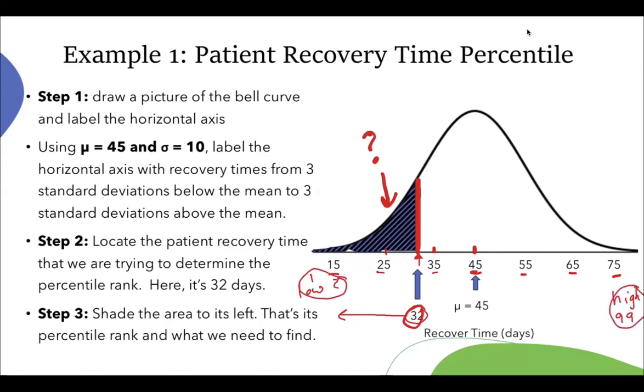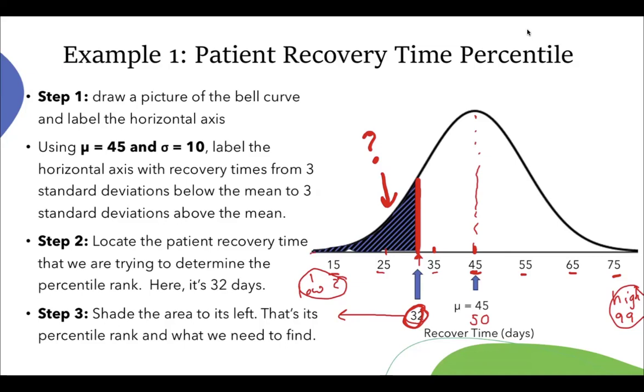And right in the center, I have a percentile rank of 50, right in the center of the bell curve. So since this 32 is on the left of center, I know that the percentile rank has to be a number less than 50. That's the only thing I can really say for certain, but let's see what happens.